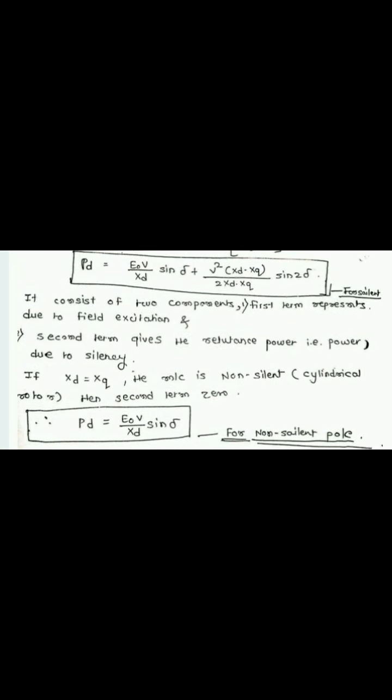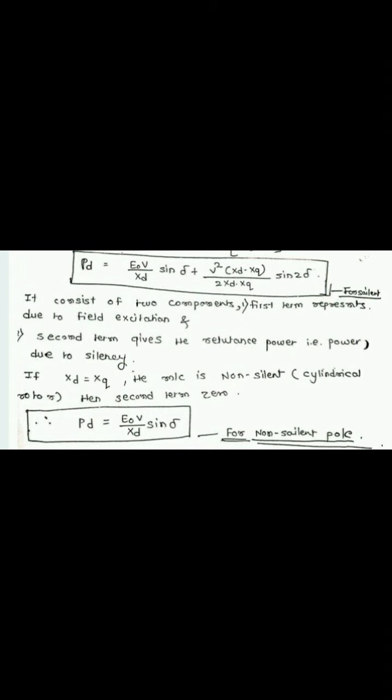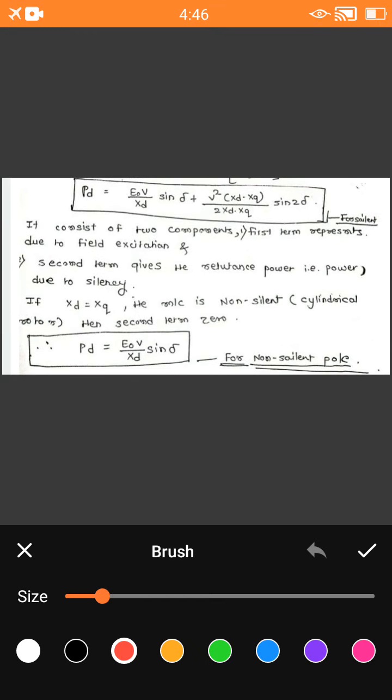For non-salient type of construction, the direct axis reactance is equal to the quadrature axis reactance for a cylindrical rotor. So substituting that value into the equation, that is Xd is equal to Xq, this whole term becomes 0.